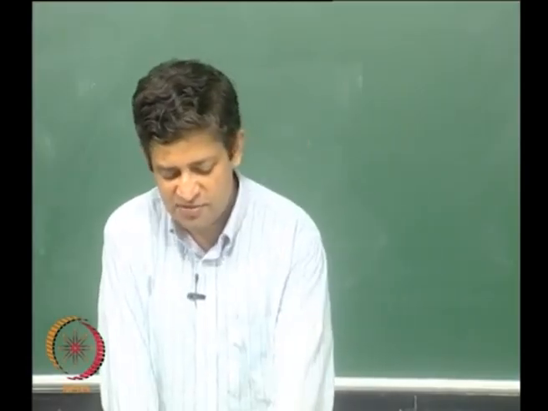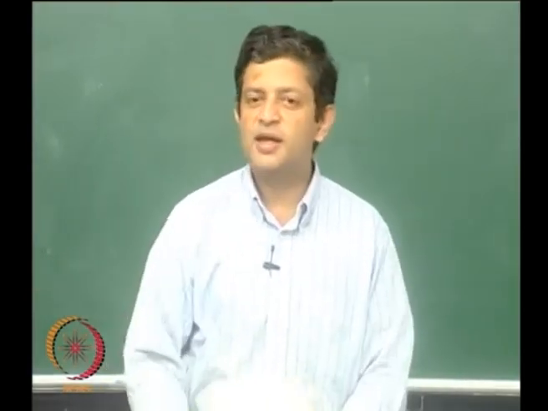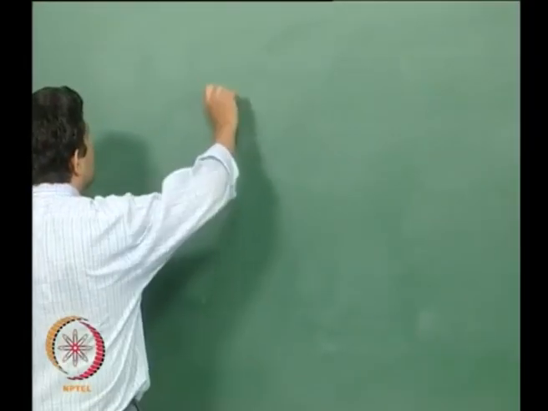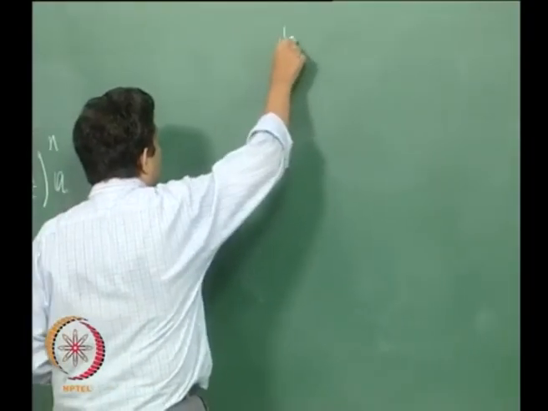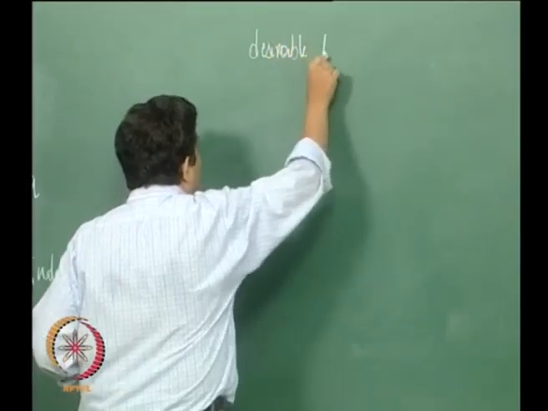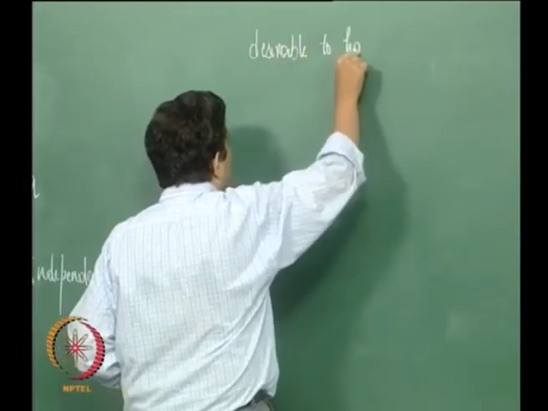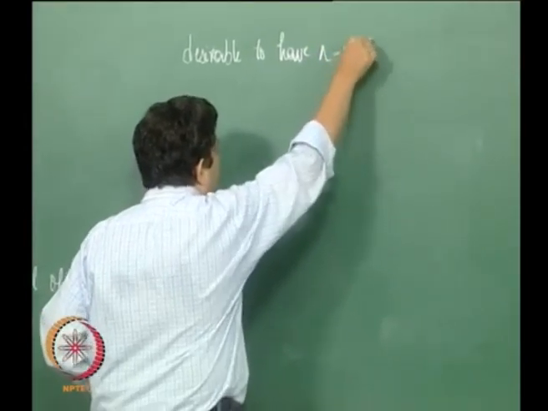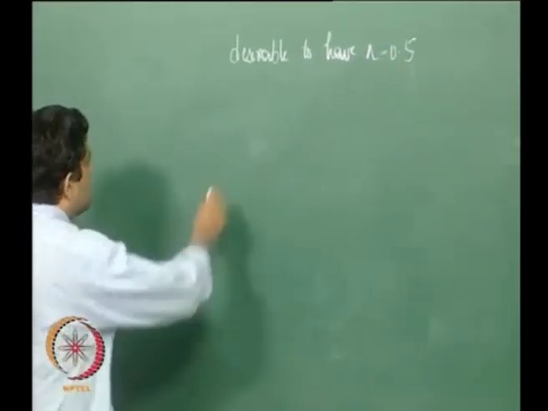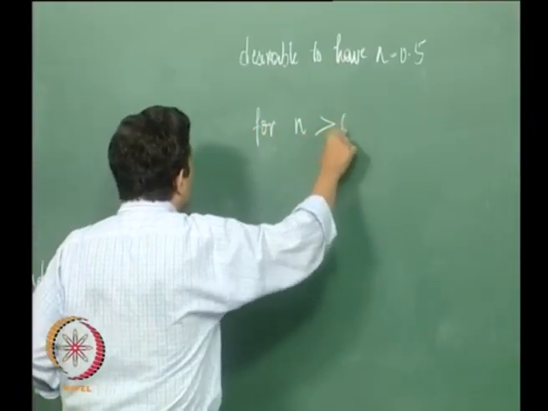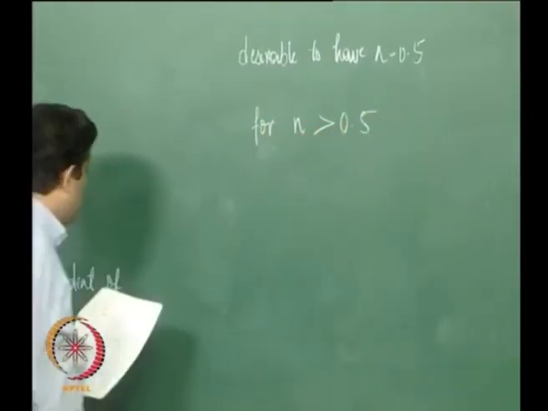It is desirable to have n equal to 0.5. Now, what happens if n is greater than 0.5?